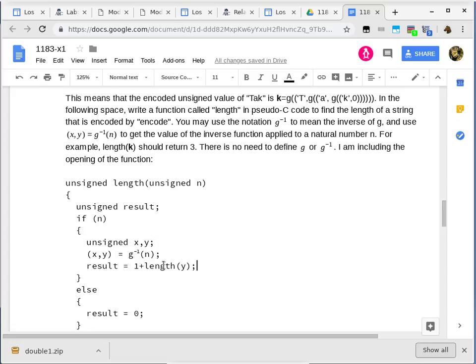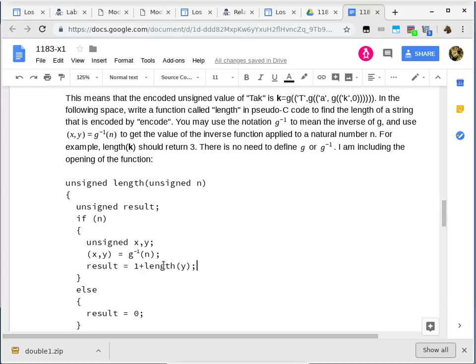But that's okay, because when you call length with an argument of 0, n is 0, which means we fall into the else case, and the result is 0, which means the length of a string encoded into the natural number 0 is in fact 0. So you just call g inverse until you get 0 back, and you get two components back.